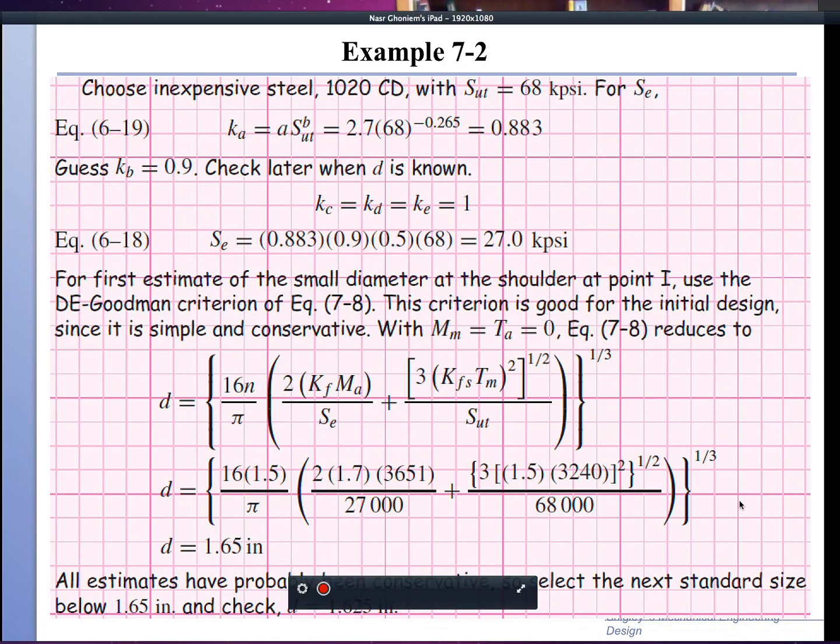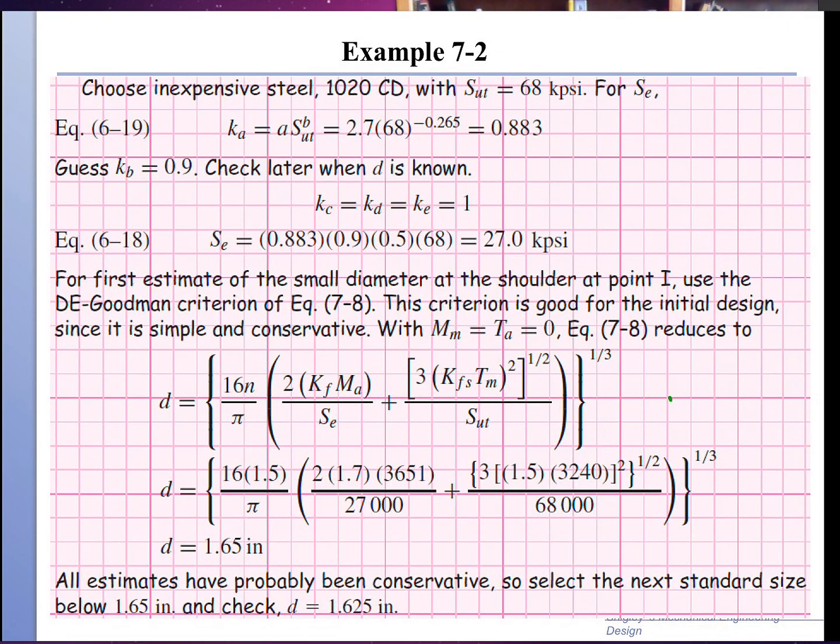So this is our first estimate, and since it is not a common size, we have to look in the tables and find nominal values, and when we check, we find that the nominal value that is closest is 1.625 inches, and that gives us one diameter for the shaft.